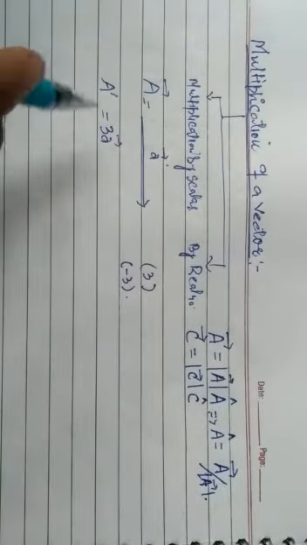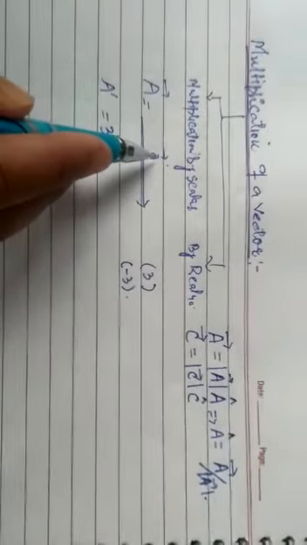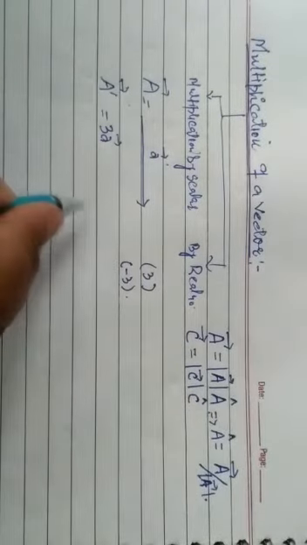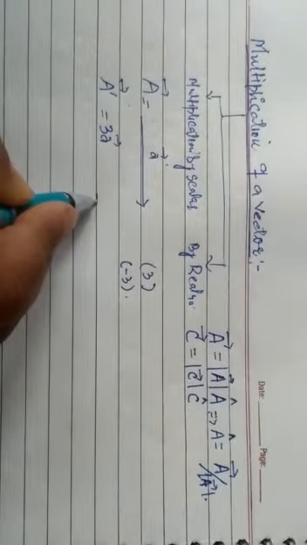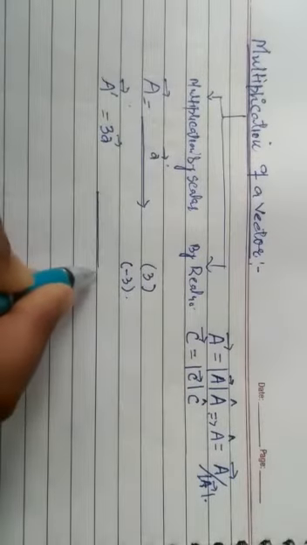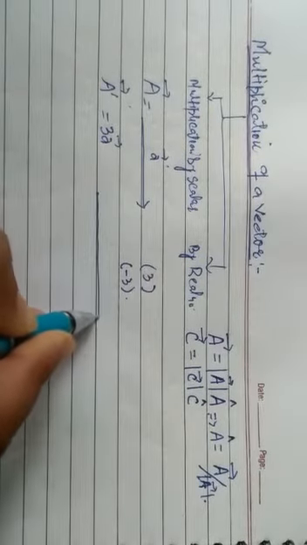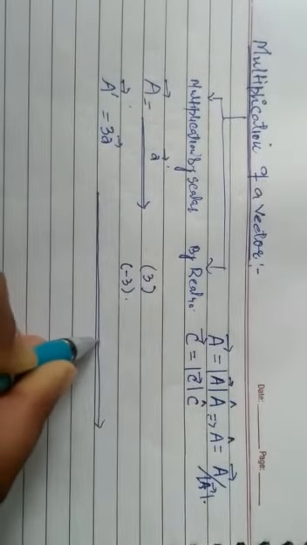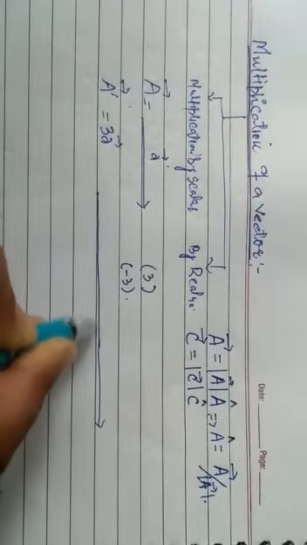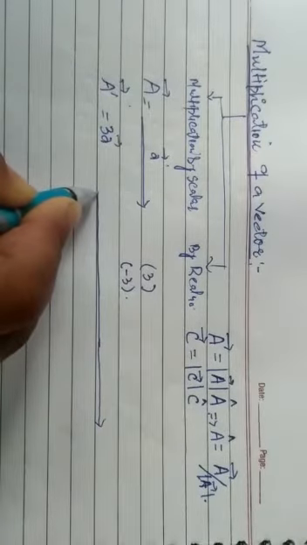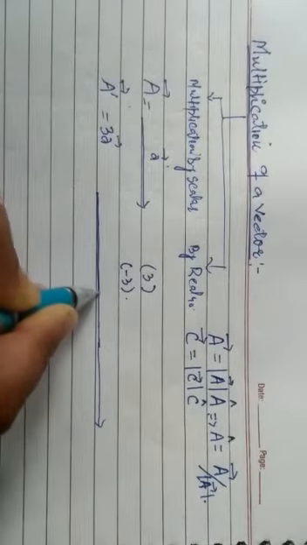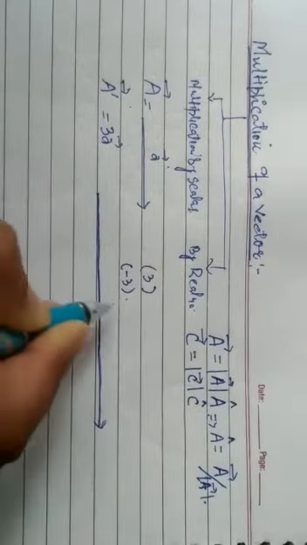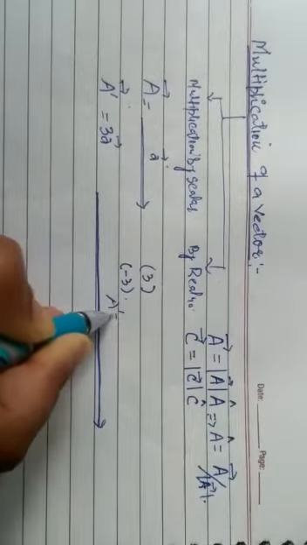Now let us multiply this vector A 3 times, then it will become some new vector A dash, like this: this will be 1 time, this will be 2 times, and this will be 3 times. This is how we represent the vector, with its tail here, and this will be the 3A vector, or A dash equals 3A.